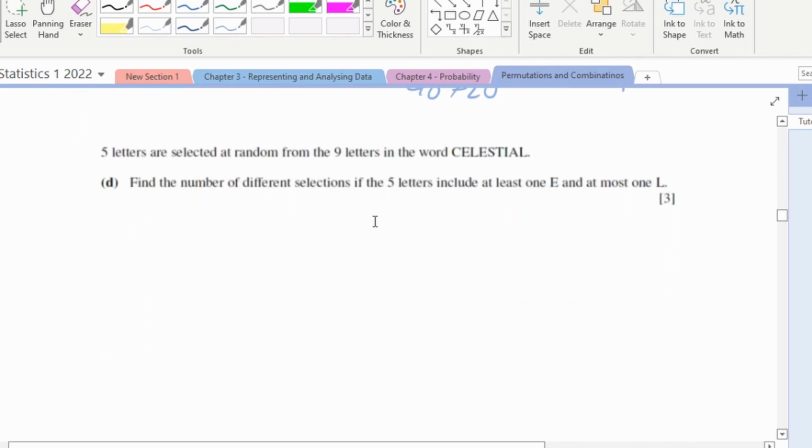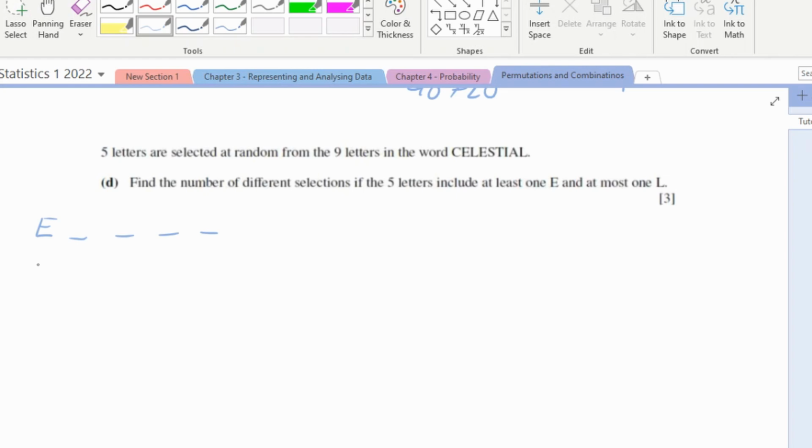And now we're going to do 5 letters are selected at random. And here's one of these ones again. You've got to include at least one E and at most one L. So E, and then 1, 2, 3, 4, that's 1.